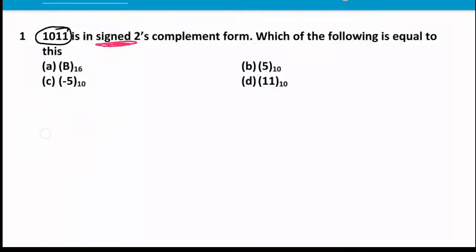So first thing, here 1011, this is the sign bit and 1 represents this number is negative, so rest is the value. So sign is negative and it is in 2's complement form, and the number is 011. We have to convert it to decimal because here the options are in decimal and in hexadecimal.